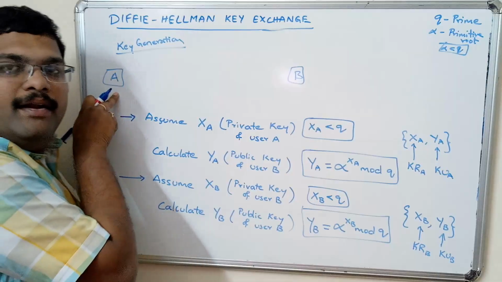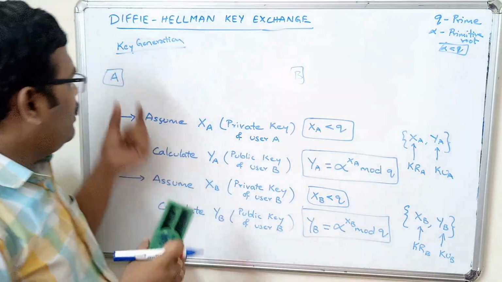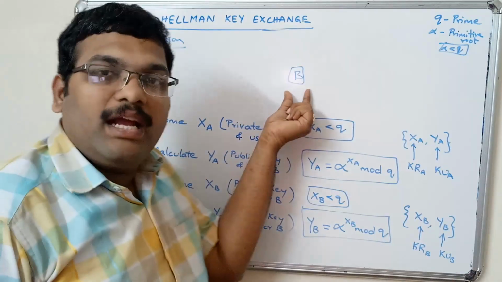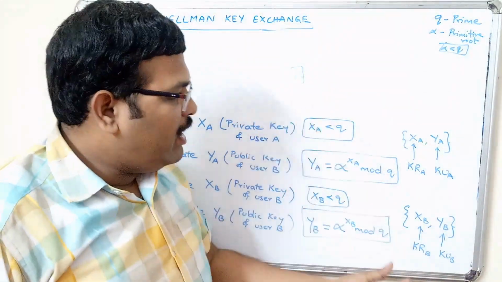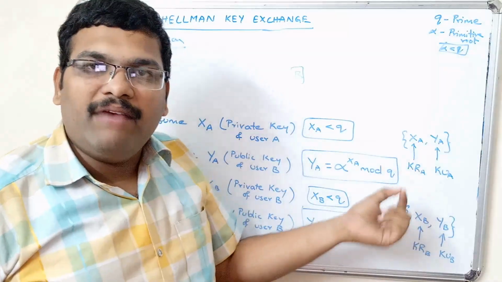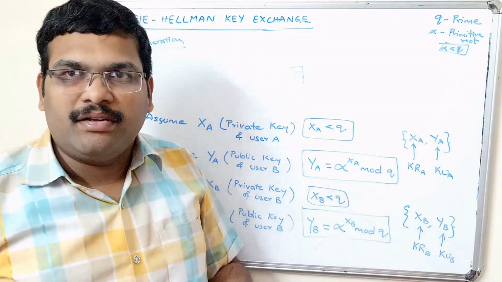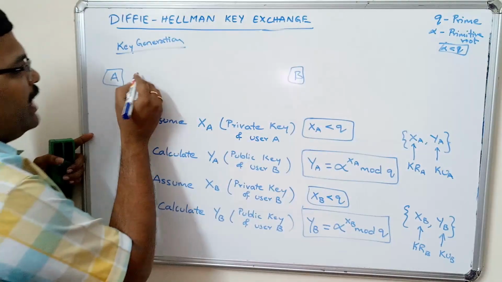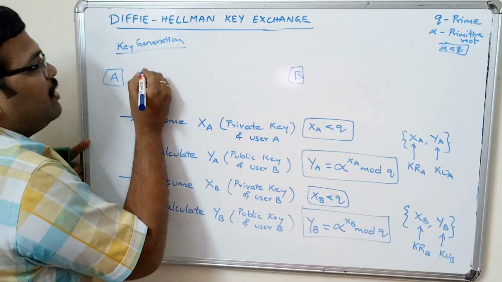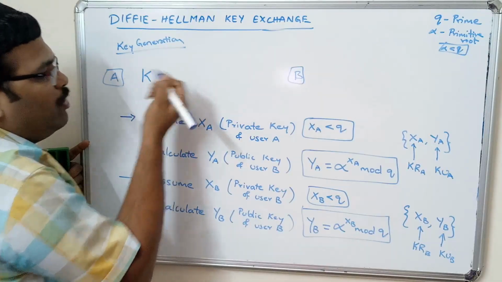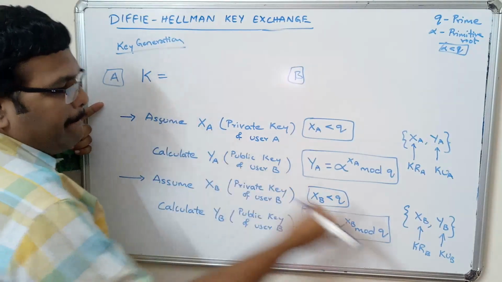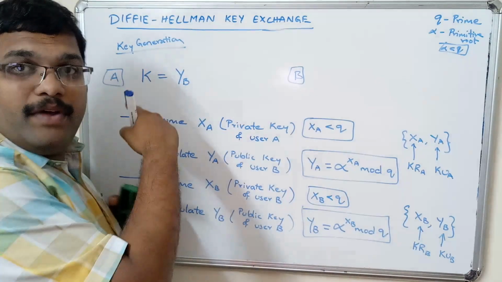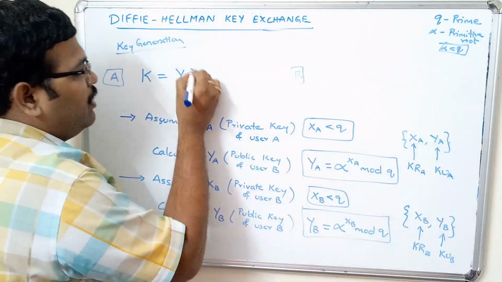At the A side, as we know, we are having both the public key and private key of user A and the public key and private key of user B. And we know that the public key will be available for all the users and the private key should not be shared. So that's why at the sender side A, the key generation K is equal to the public key of B. So this will be available for user A also, right?